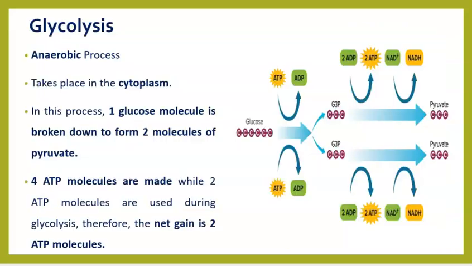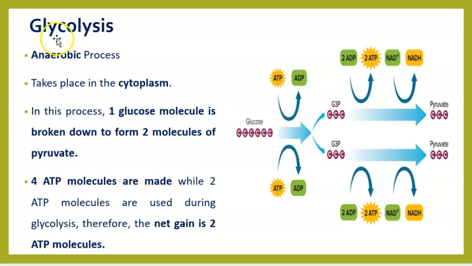So let's start with glycolysis first. Please remember glycolysis itself is a very big topic. We are not going to discuss the whole details of it. We will just focus on the key concepts that are important for your EMSAT exam.